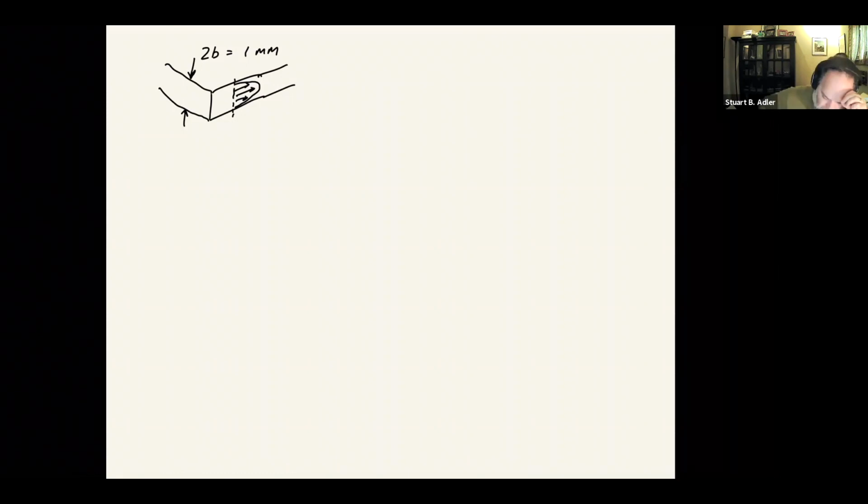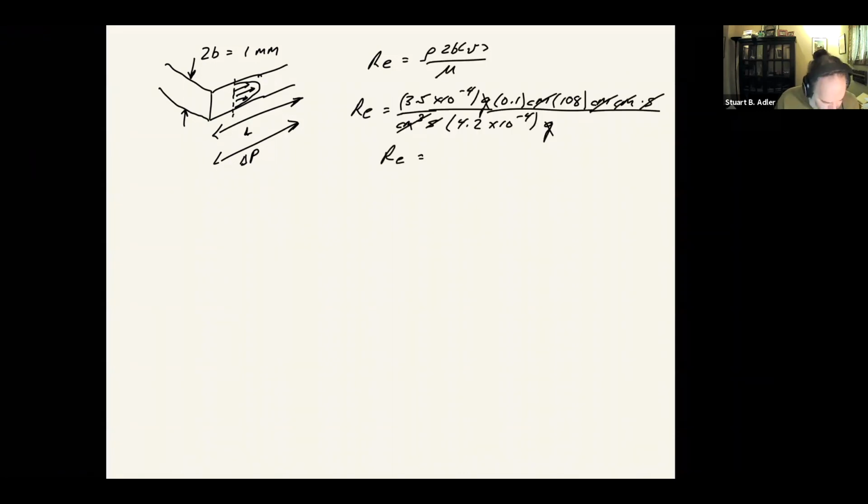So there's symmetry. And then we're flowing over a distance L. As a result of that, we're incurring a pressure drop. Usually in one-dimensional flow situations like this, we would define a Reynolds number based on that characteristic length, so we'd use b or we'd use 2b. So I'm going to define a Reynolds number as rho times 2b times the average velocity over mu. So Reynolds number is going to be about 9.